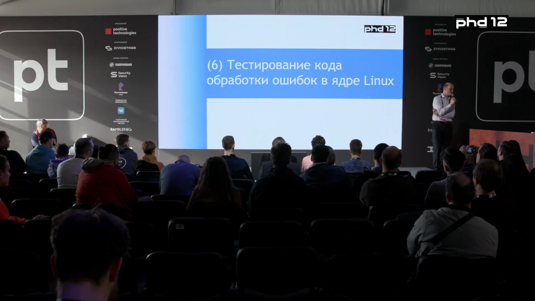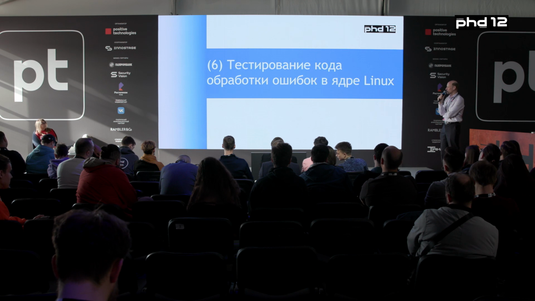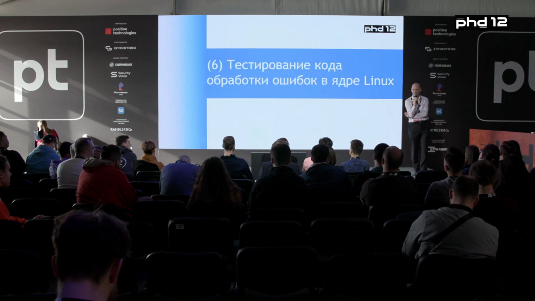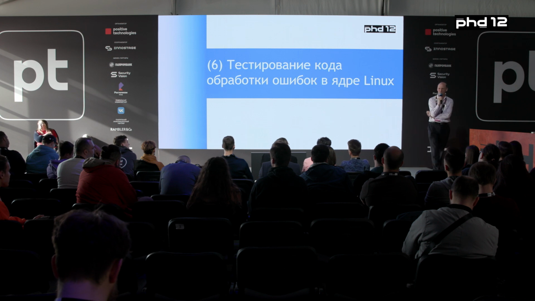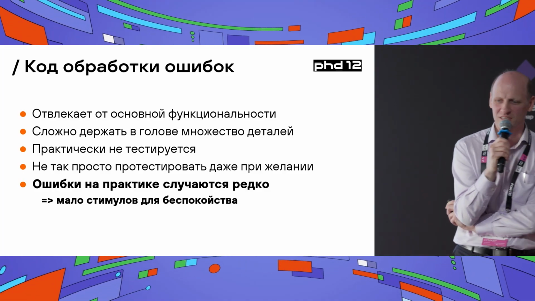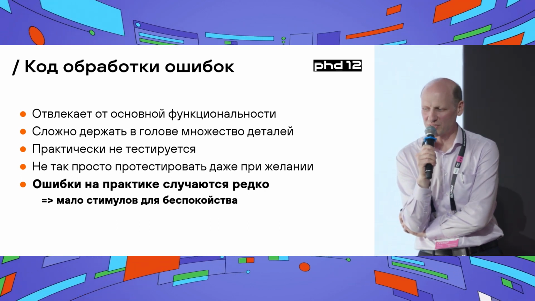And I guess the final project that I wanted to touch on briefly, that's when we'll go back to the kernel and see how we can test the code that's responsible for error detection. This is something that developers don't like because it distracts them from their core business.